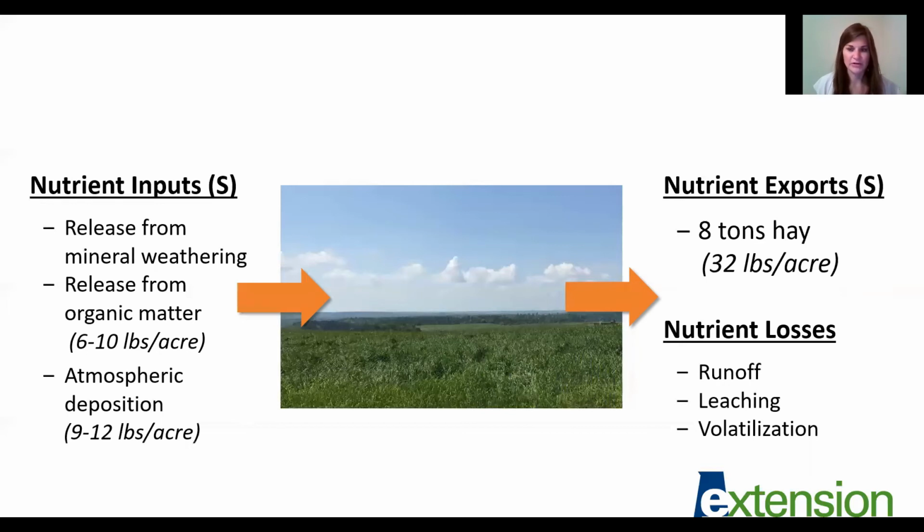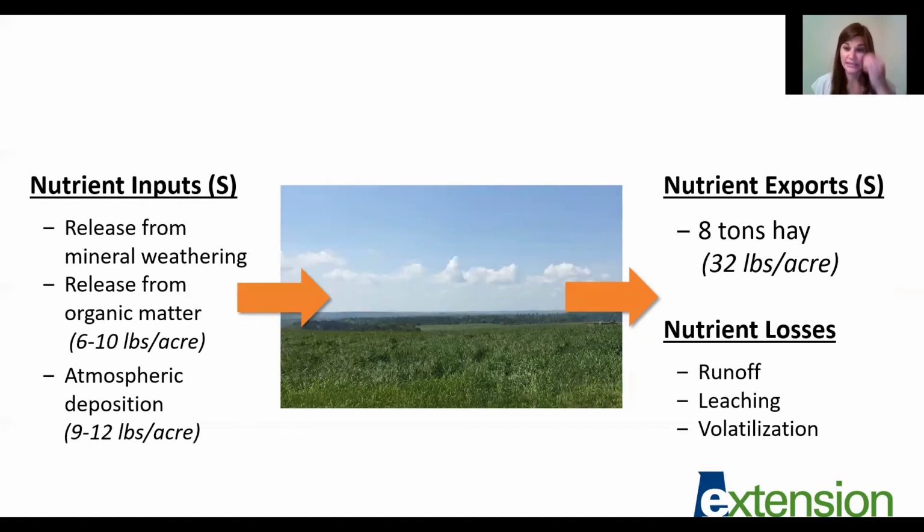So typically around 9 to 12 pounds per acre from atmospheric deposition. And then depending on organic matter content of your soil, you'll also get sulfur release there. So for a soil that contains approximately 2% organic matter, that would be about 6 to 10 pounds per acre of sulfur. So that's plenty of sulfur to supply forage needs in pasture systems.